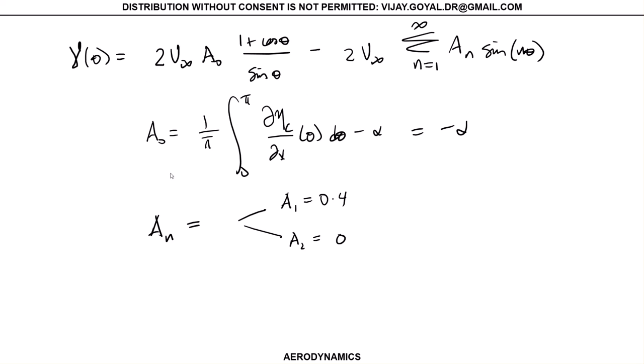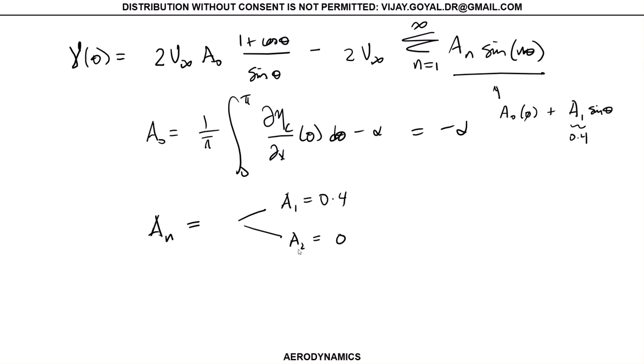Okay, so I can take this whole expression and simplify. That means you only have two terms here: the term that has 0, and a term that has 1. So this actually becomes a sub 0 times sine of 0, which is 0, so that term goes to 0, plus a1 times sine of theta, and this is 0.4.